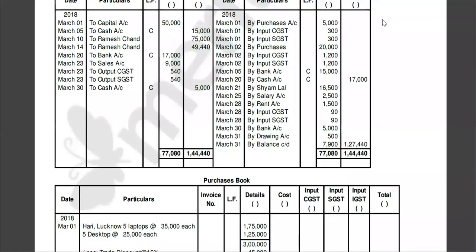See, in the Ramesh account, total 75,000. So there are 2 Ramesh accounts here. Bank account debtor to Ramesh account. So now the total is 75,000 plus 49,440. The total is 1,24,440.